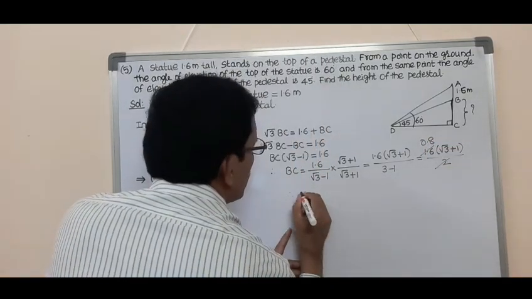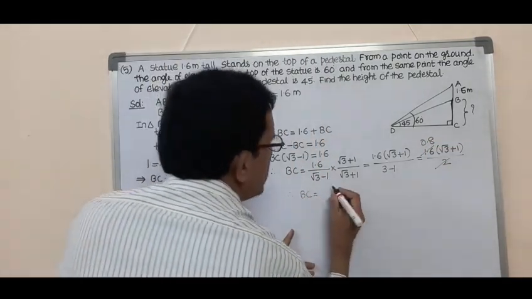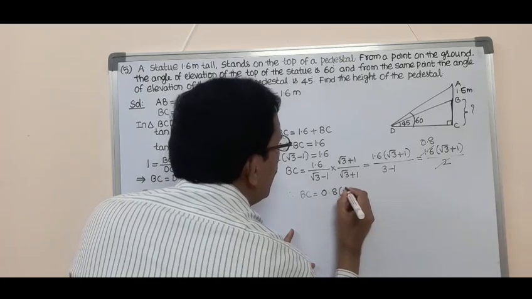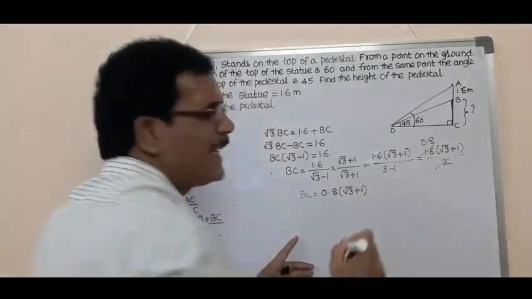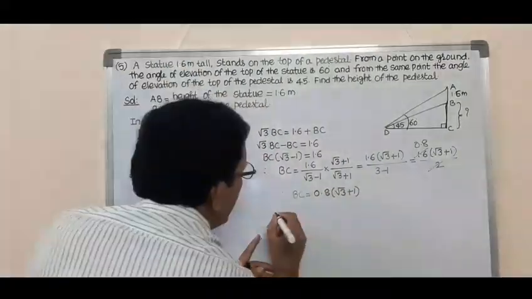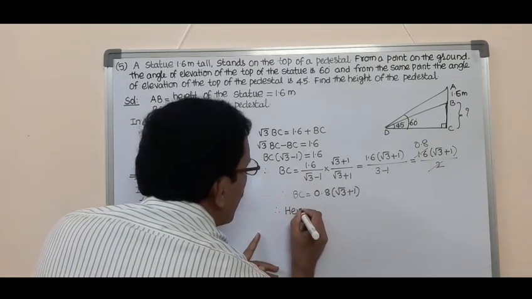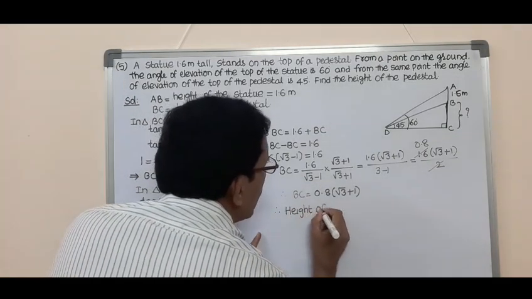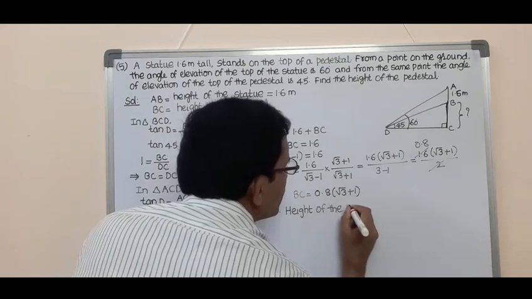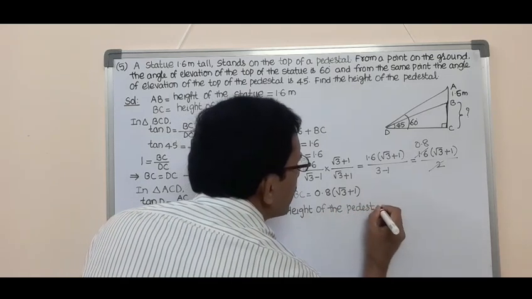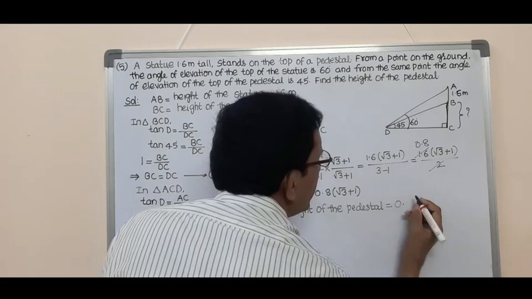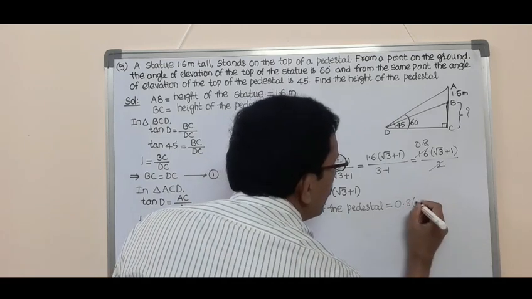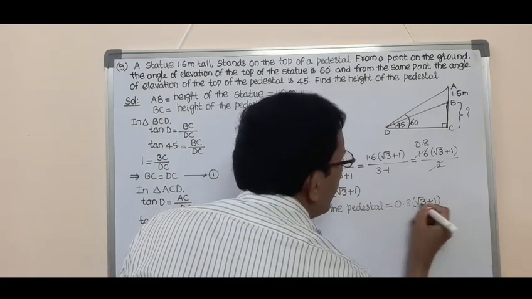So therefore BC is equal to 0.8 into root 3 plus 1. BC is the height of the pedestal. Therefore, height of the pedestal is equal to 0.8 into root 3 plus 1 meters.